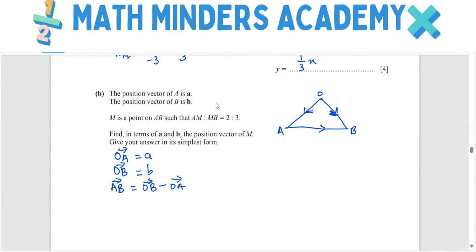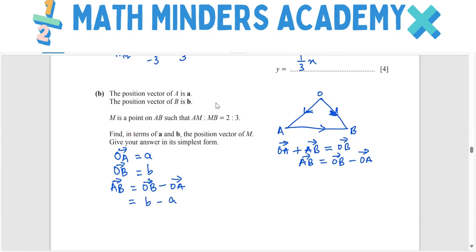Now, look at this, follow the arrow: OA plus AB closes this diagram, equals OB. If you make AB the subject, it gives us OB minus OA. So that's how I got this. Now, here, OB is b, and OA is a, okay?